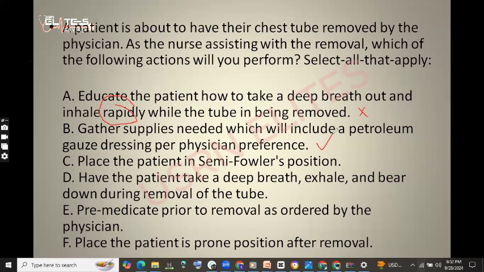The petroleum will help prevent any air leakage. Remember that space has a direct connection with your lungs, so you don't want any air to be sucked in, to increase your risk of what? Pneumothorax. Let us continue. Option C.